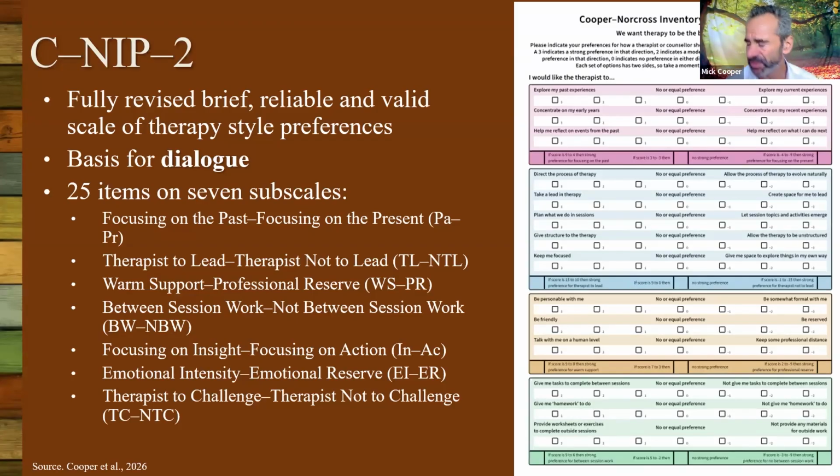Interestingly, the thing I found most interesting was in terms of predicting which clients would do best in therapy, and this is using our earlier version where the dimensions were slightly different. Preferences such as whether the therapist leads or not didn't matter, nor did warm support, focus on the past, or emotions. I thought clients who wanted to work on their emotions would do best, but that wasn't the case.